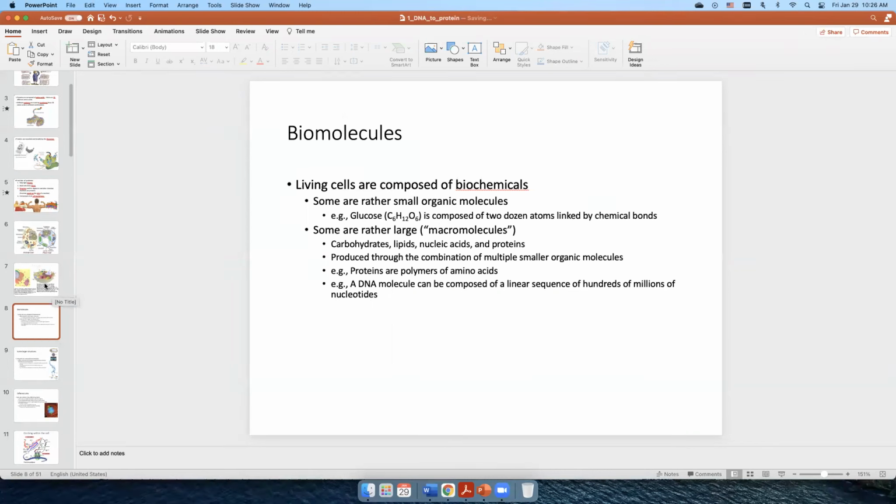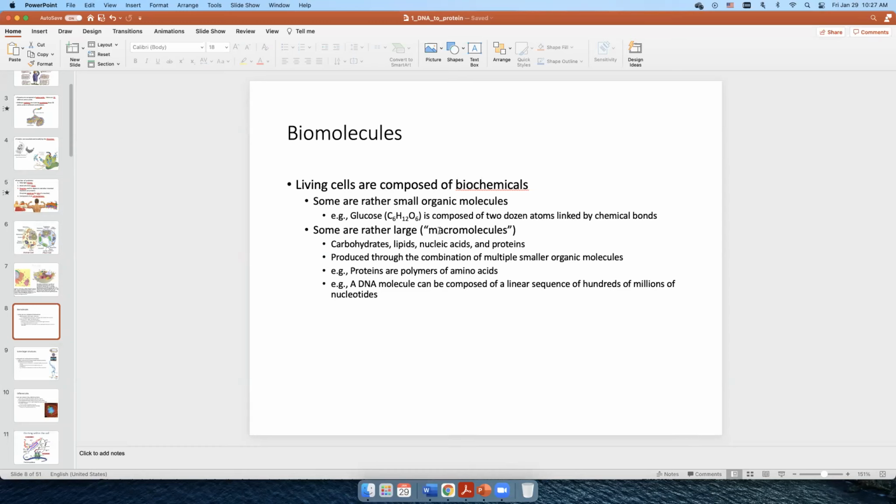So there are a lot of biomolecules in cells. Some of them are small organic molecules. Some others are rather large, or we call them macromolecules.